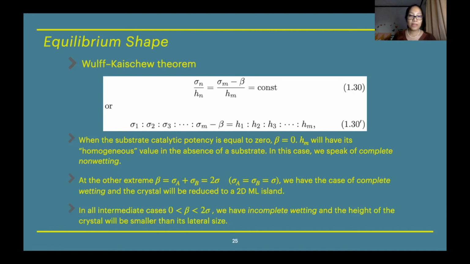In all intermediate cases, for beta greater than 0 and less than 2 sigma, we have incomplete wetting, and then the height of the crystal will be smaller than its lateral size.